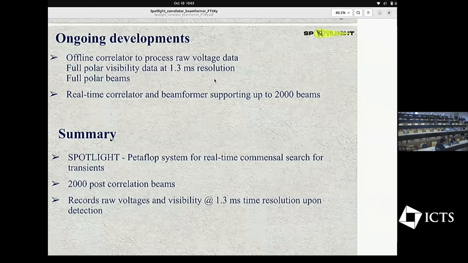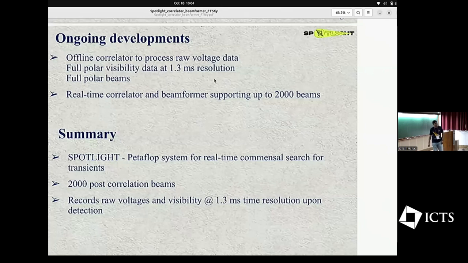I was wondering how you plan to do that. We are going to have a facility where you can adjust it in the offline correlator. While recording the baseband data, we will also be recording all the visibility data on the calibrator. Okay, that was my question. All right, thanks.